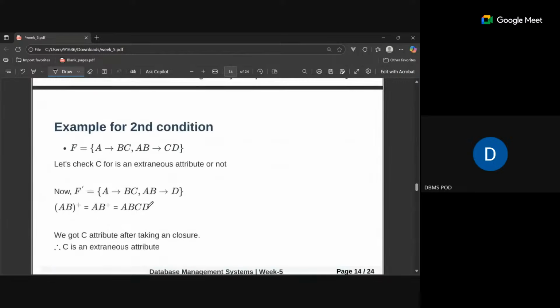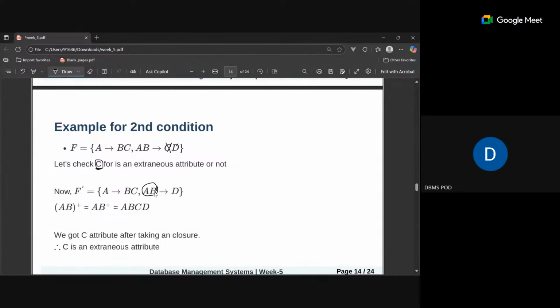For the right side also, if you want to check some attribute as extraneous, you just remove it and rewrite this as a functional dependency. In this case, we are taking C as the extraneous attribute. I just removed it and rewrote it. Always take the closure of the left side.